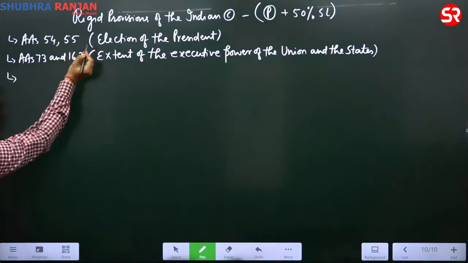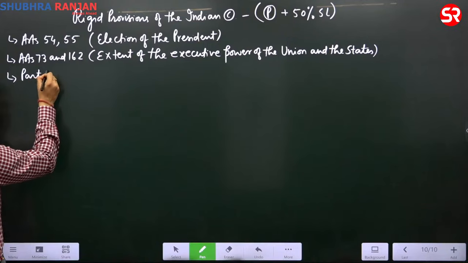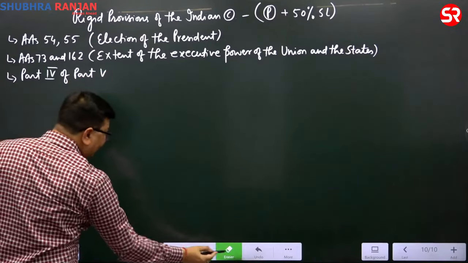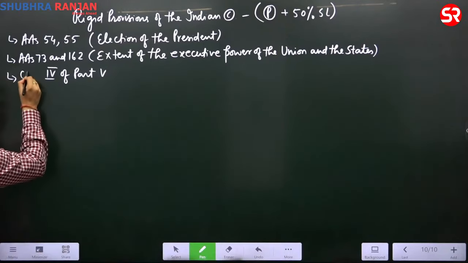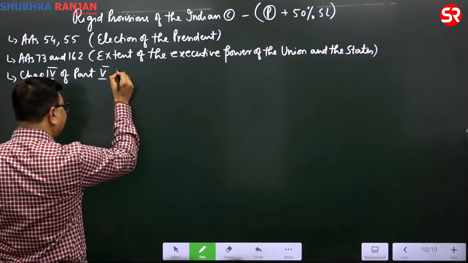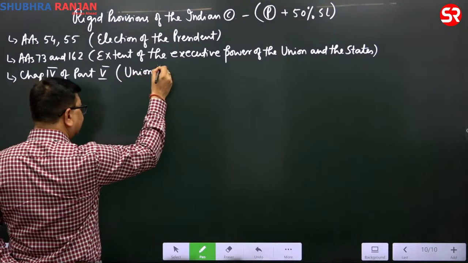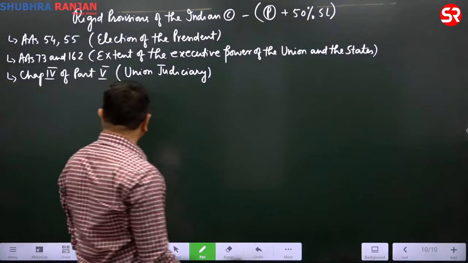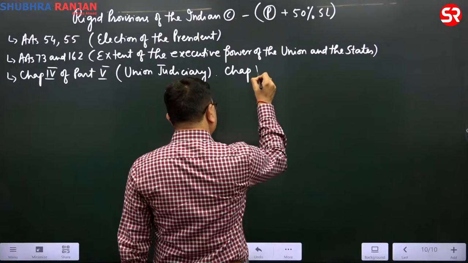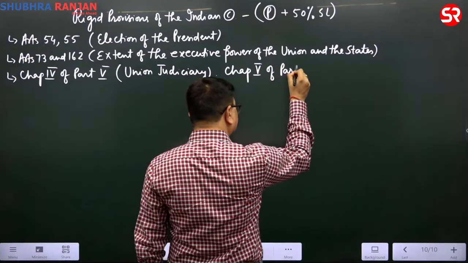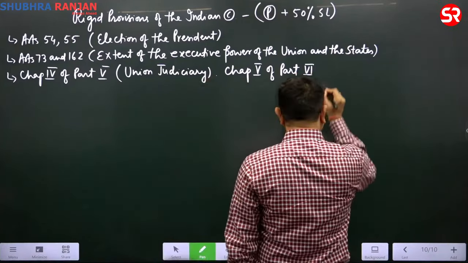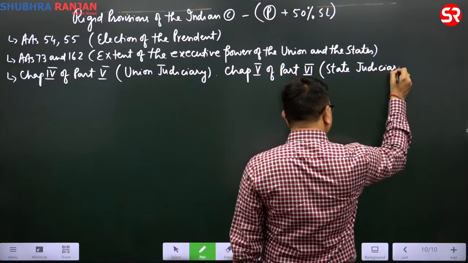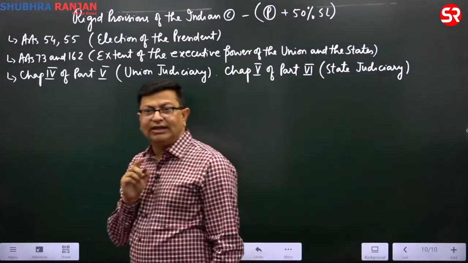then chapter 4 of part 5 dealing with union judiciary and chapter 5 of part 6 dealing with state judiciary, that is the high courts and the subordinate courts.